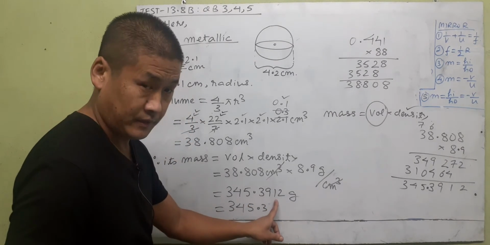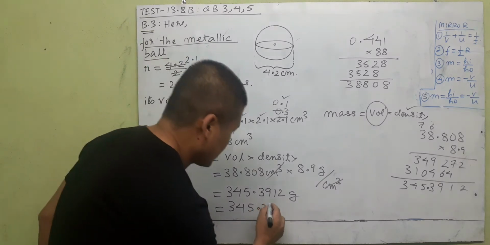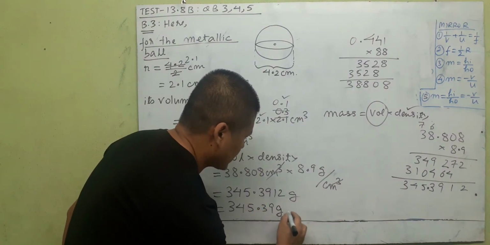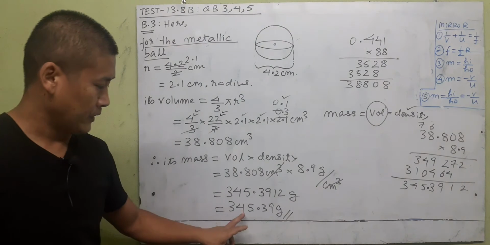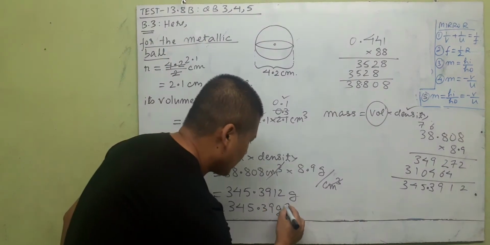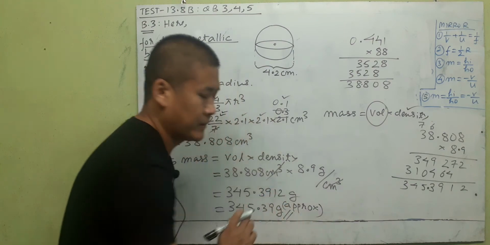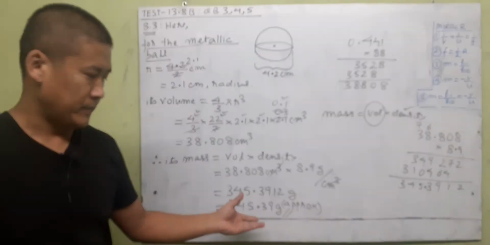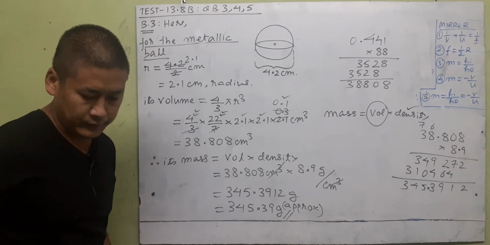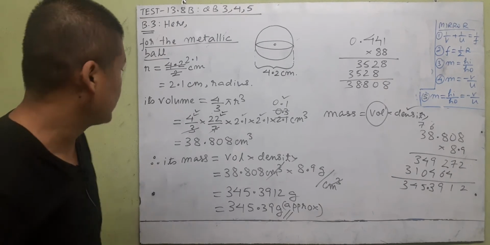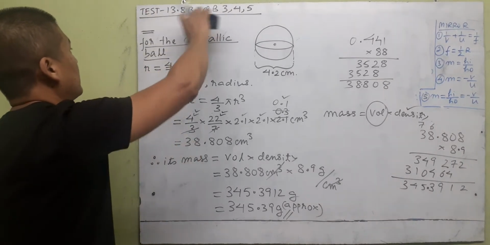And look at the third place. If it is less than 5, then this will not change. And we can write our answer only up to the second place, like your textbook answer. So this much grams. If we want, we can add here approximately. So this is not accurate, but approximately this much value, mass. Okay. So that is our answer. So let us go to the next one, B4.